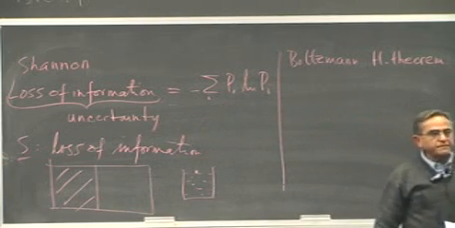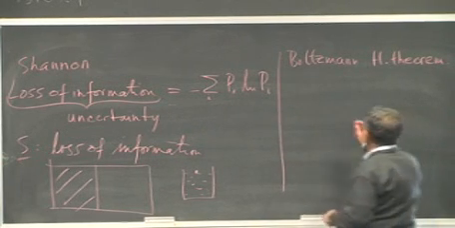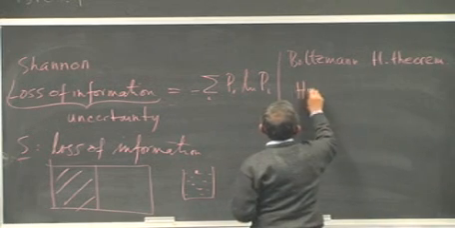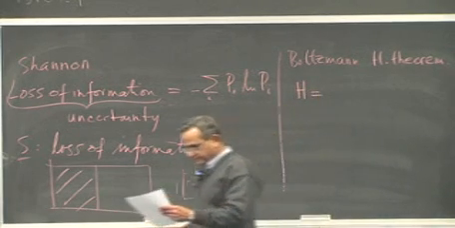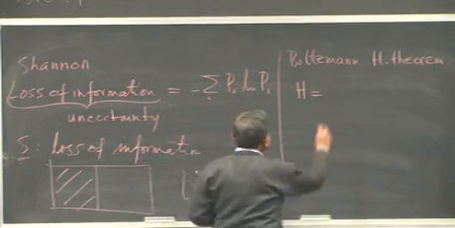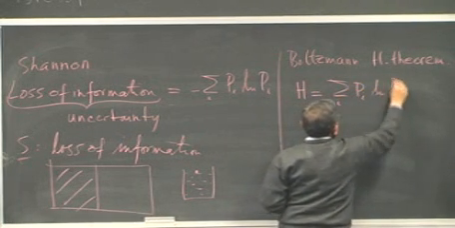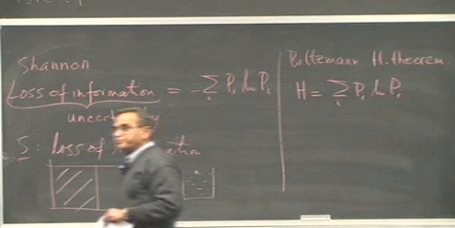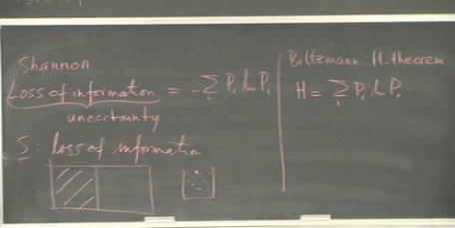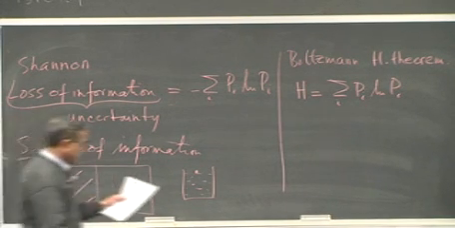Boltzmann H theorem says that there is a quantity that Boltzmann defined as H, which was the summation over i of Pi log Pi, again P being the probability, Pi being the probability of the ith state of the system.